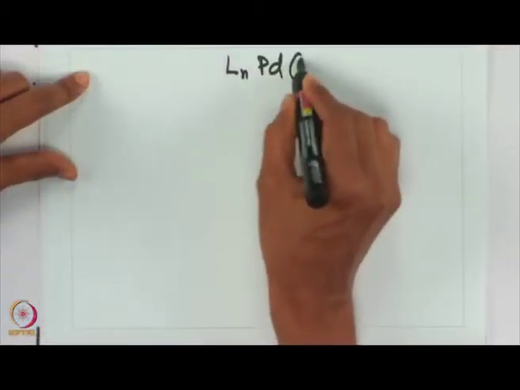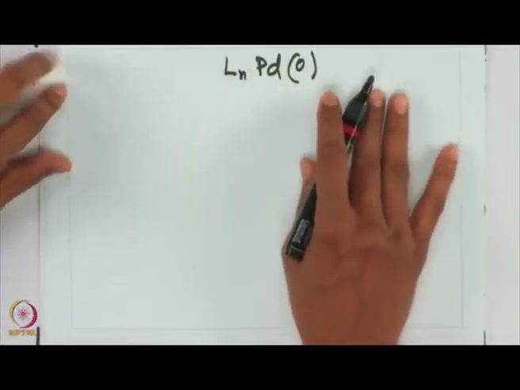Let us look at the simple steps of the Heck reaction, which we are discussing right now. The Heck reaction intermediates and reaction pathway: ligand palladium 0 is crucial for the reaction.